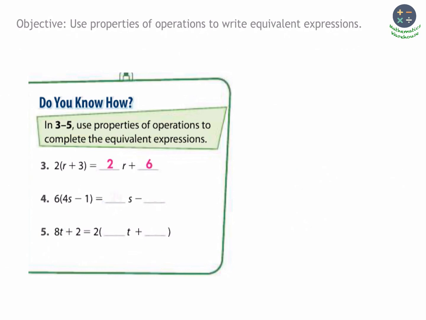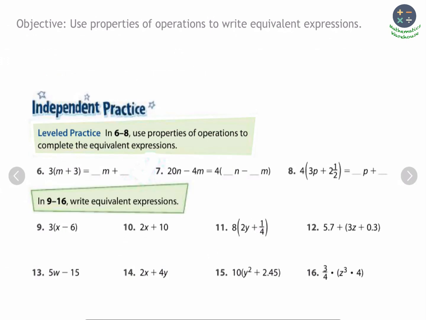Okay. So these are the answers like we did. In 6 to 8, use properties of operations to complete the equivalent expressions. At number 6, 3 bracket m plus 3, we have to multiply 3 by each term inside the bracket. So 3 times m equals 3m, and 3 times 3 equals 9. Second, 20n minus 4m.